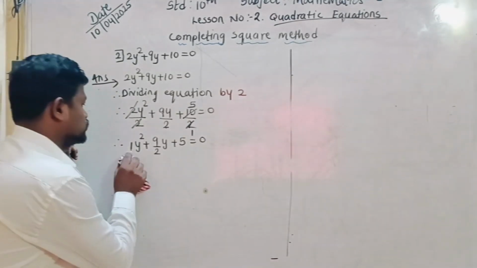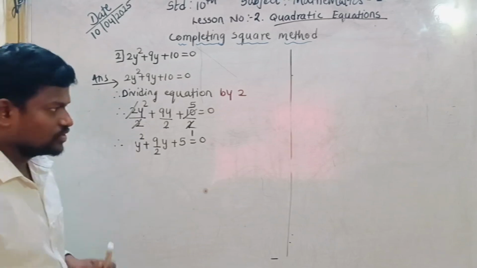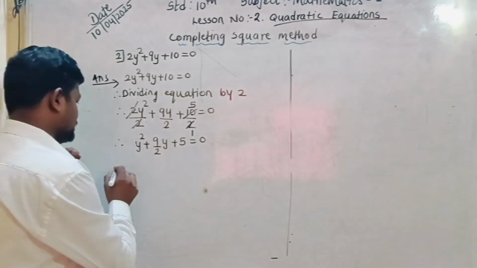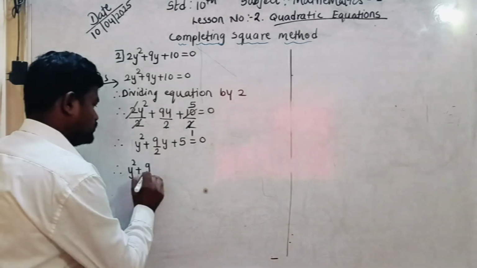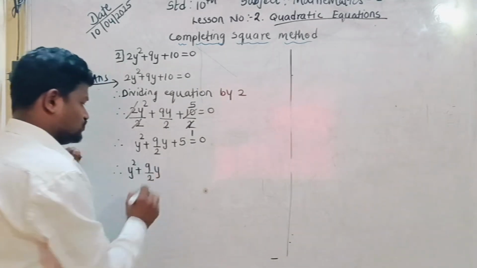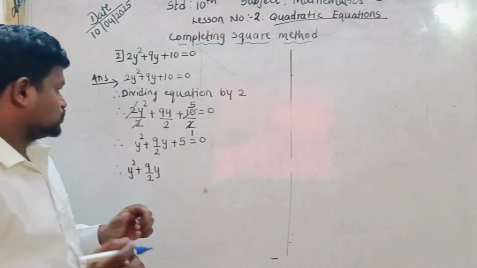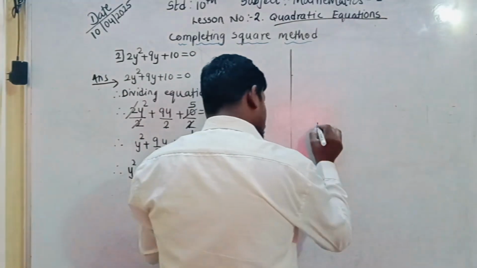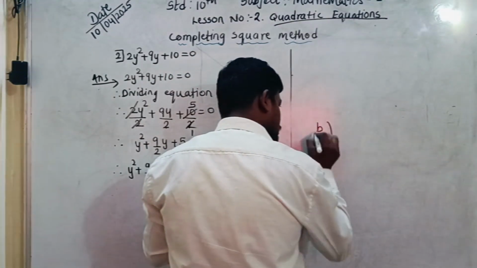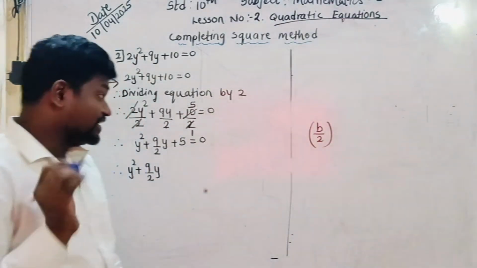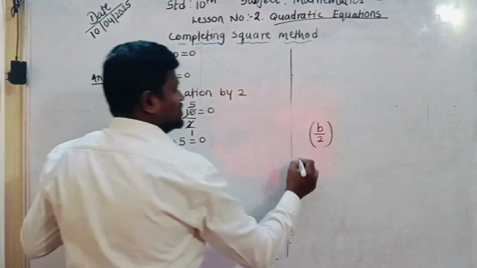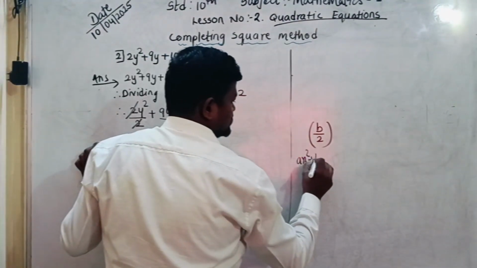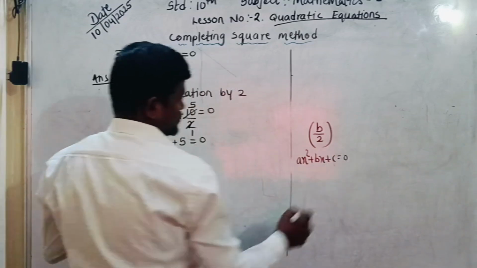Understood? So after that, write down the first two terms as they are. As I told earlier, we have to find out b upon 2. Right? So b means, this is our standard form, right?